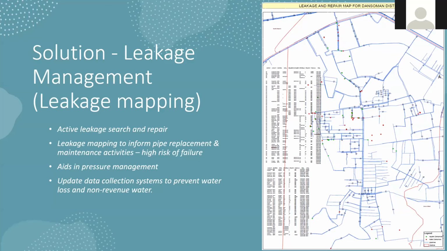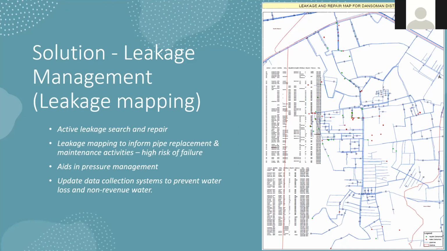leakage mapping. And for this, what we do is an active leakage search and repair. What this means is that for a specific district, we would have people who go out to look for leakages. And this is a proactive approach. We don't want to wait for people to report before we act.